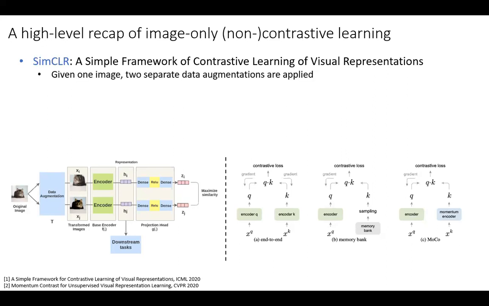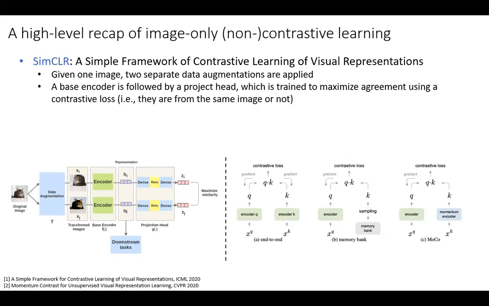Basically, all the papers are following the same paradigm. You are given one image, then you generate two different views of the same image, and then you have a base encoder followed by a projection head, which is trained to maximize the agreement using the contrastive loss. And then the projection head will be thrown away for downstream tasks.